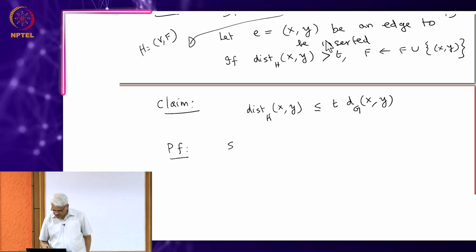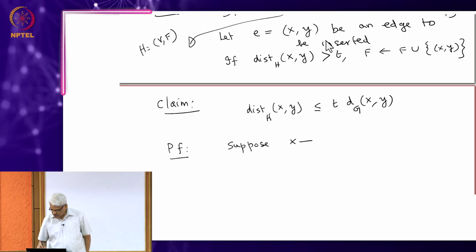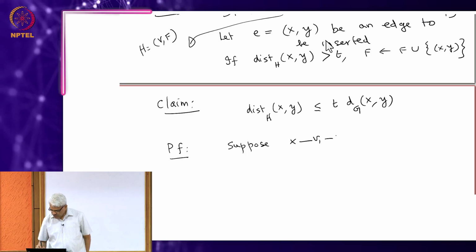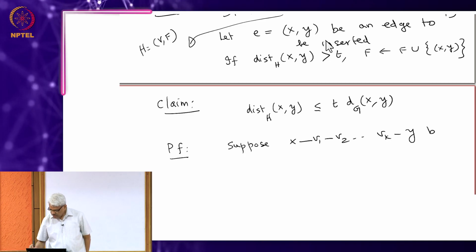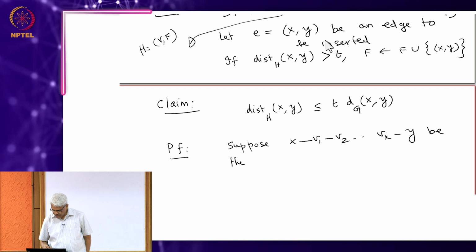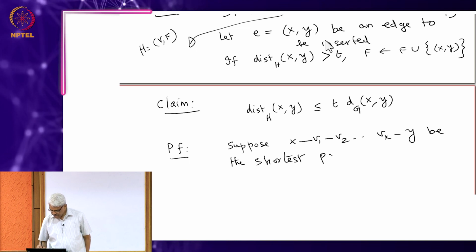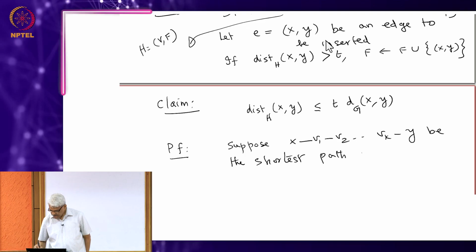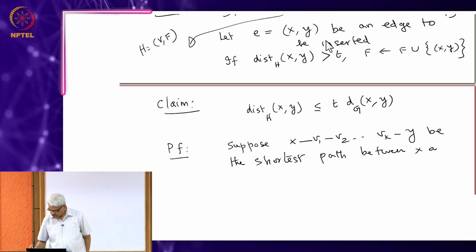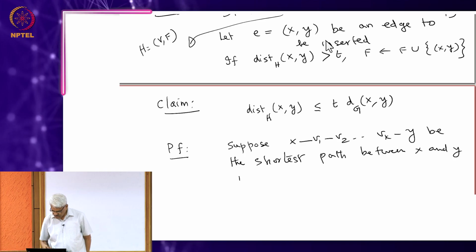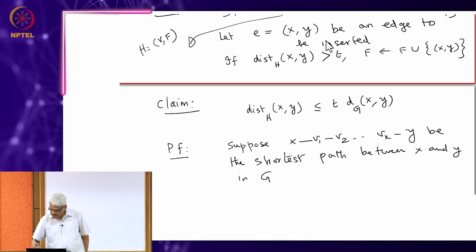Suppose x to v1, v2, up to vk, y is the shortest path between x and y in G. By the way, this is also called a t-spanner.